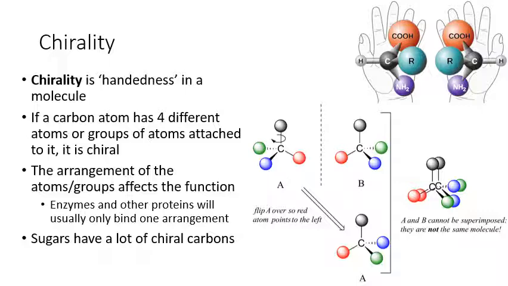For some drugs, the left-handed and the right-handed versions will work just as well, but for others, only one version works and the other one doesn't work. And what's even worse, for some drugs, one version works, like the left-handed version will work, but then the right-handed version is toxic. So you have to be really careful. You have to be really sure that the right-handed toxic version is not in the actual product that you're producing and giving to people as a medication.